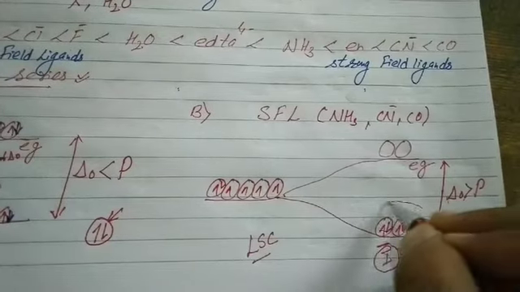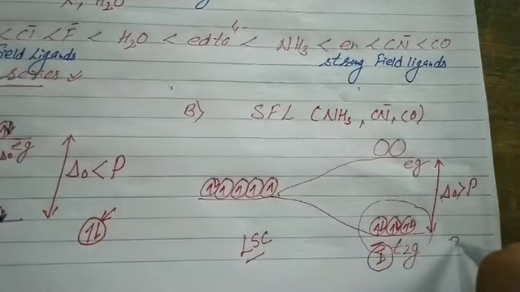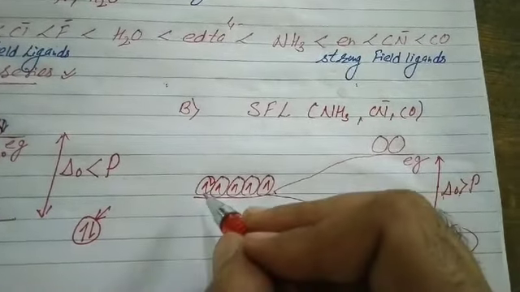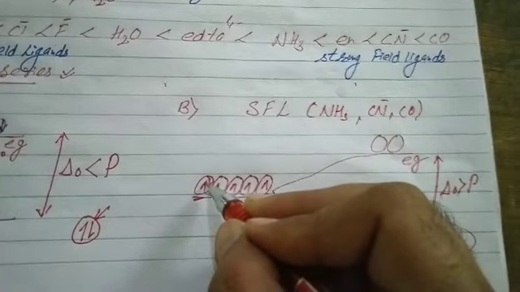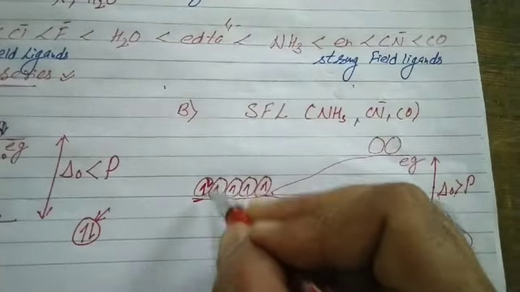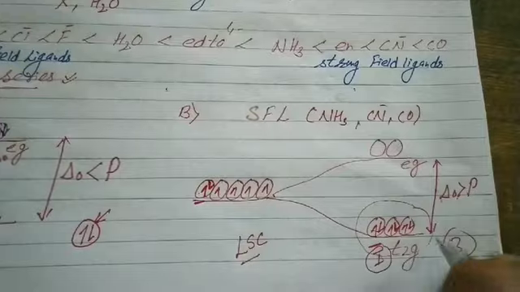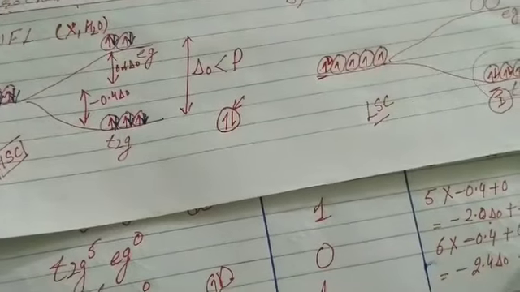How many sets are paired in the presence of ligand? 3. How many sets are paired in the absence of ligand? 1. Only one set is paired in d6. It means extra pairing is 3 minus 1, which is 2. So again here I write 2P.